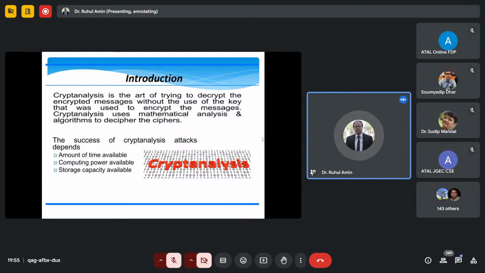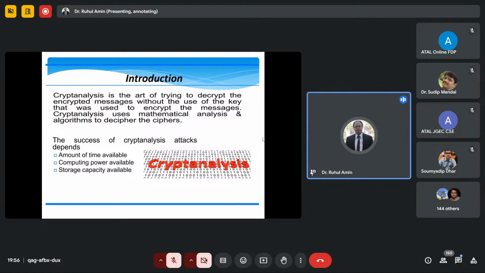This word is very important in the domain of cybersecurity or network security: cryptanalysis. The attacker or adversary will always have some target to break the protocols or the security system.